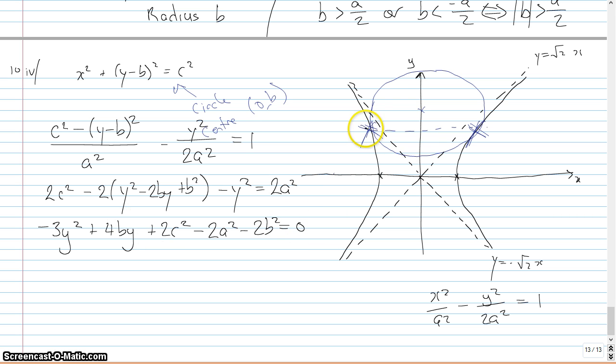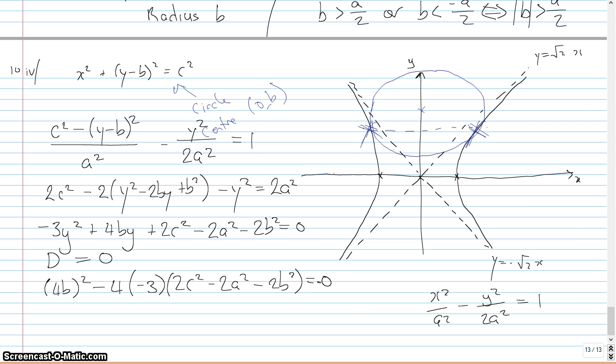Now we know, because there is the same y coordinate for our points of intersection, that the discriminant D should be 0. There's only one y solution. Although there are 2 roots, there's only one y root. So therefore we should be able to say that 4b squared, take 4 times minus 3 times 2c squared minus 2a squared minus 2b squared equals 0.